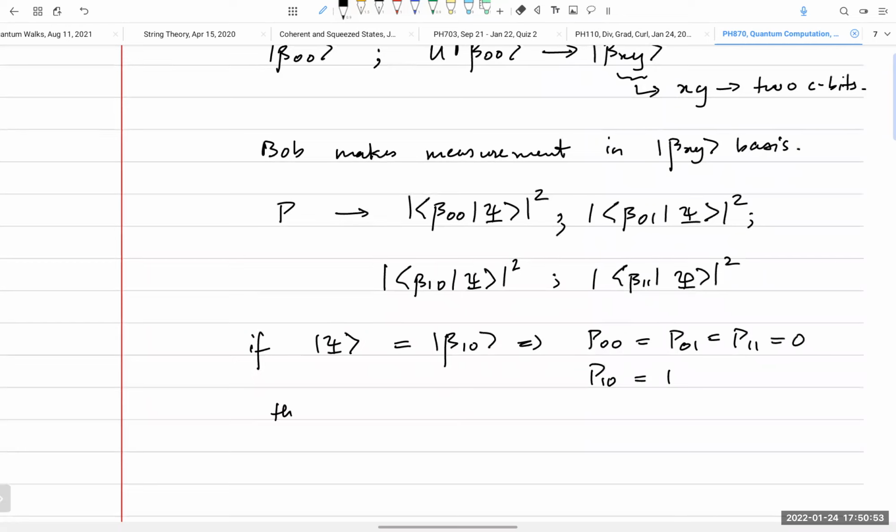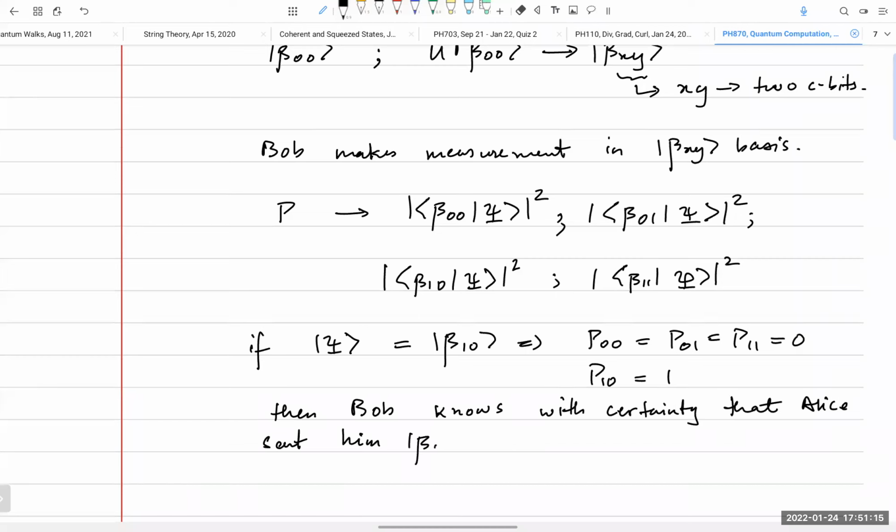And so then Bob will know with certainty that Alice sent him the state corresponding to beta 1,0, which means the message that she was trying to convey to Bob was 1,0.